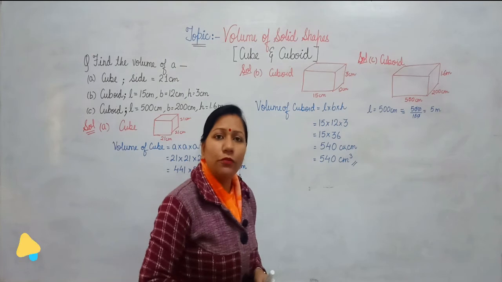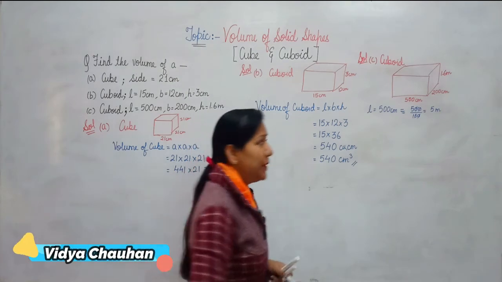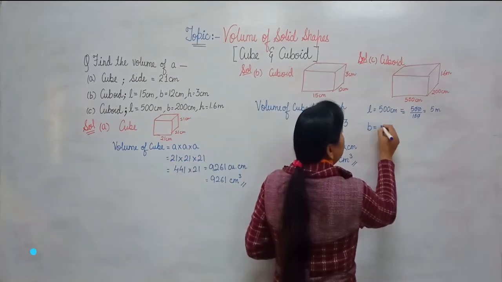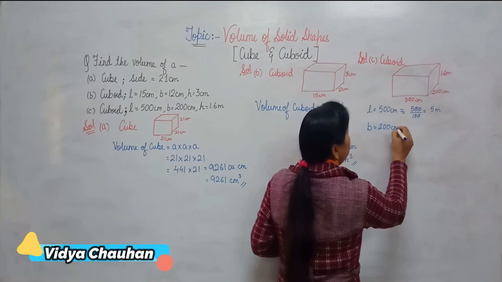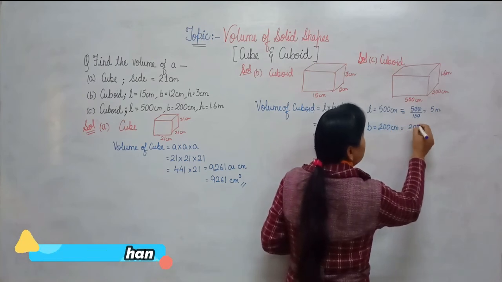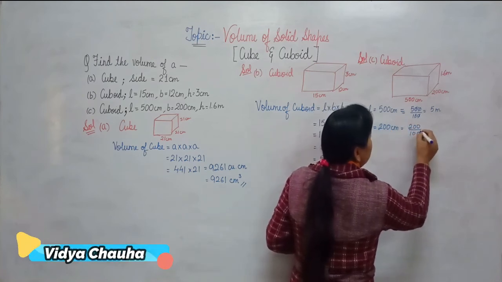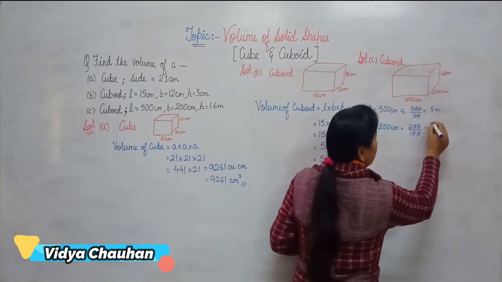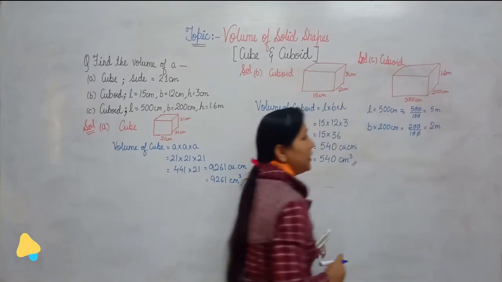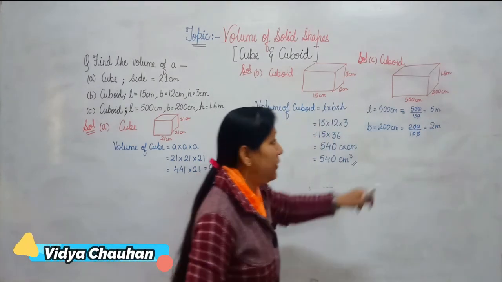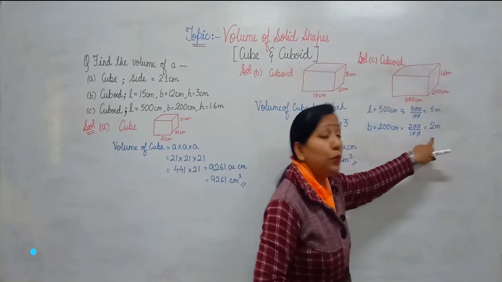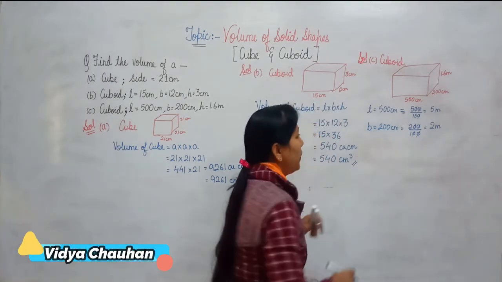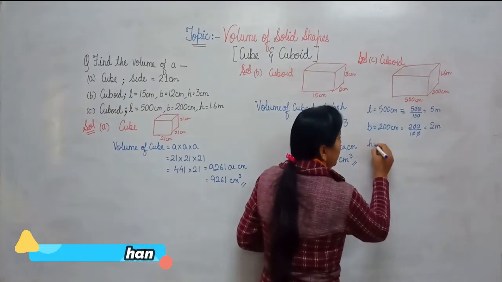That means length of the cuboid is 5 meter. After that, breadth is equal to 200 centimeter. Converting this value also into meters, dividing by 100, you will get 2 meters. So that means length is now 5 meter and breadth is 2 meters. Now, what is the third dimension? Height.